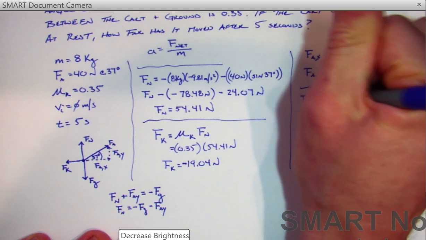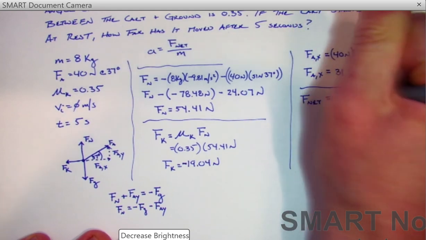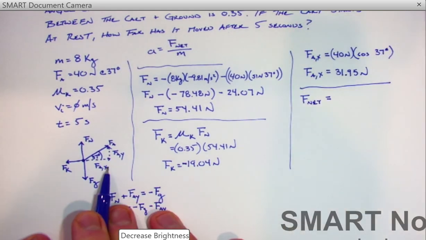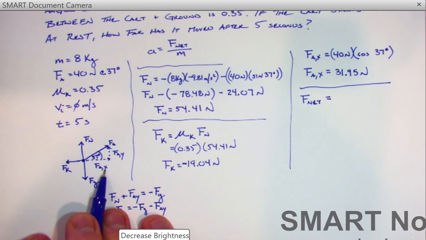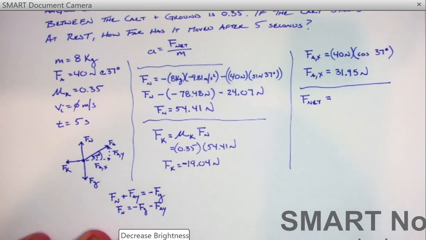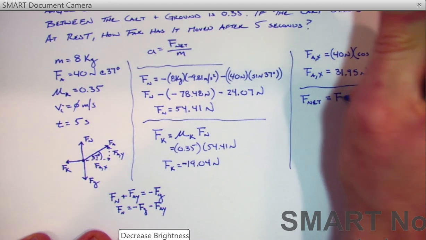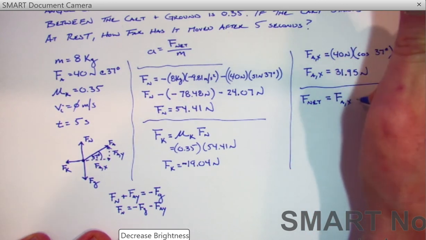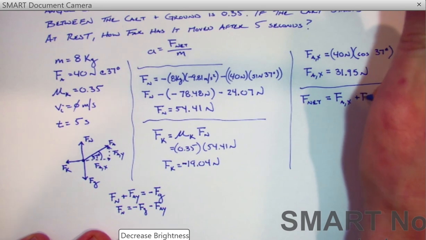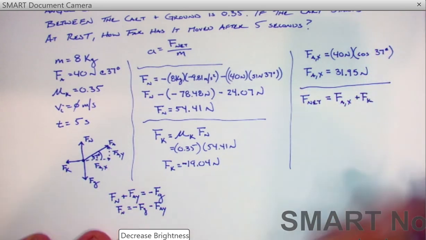The net force in this case is going to be the sum of all the horizontal components, which is F applied X and force of friction. So it would be force applied in the X direction plus force of kinetic friction.